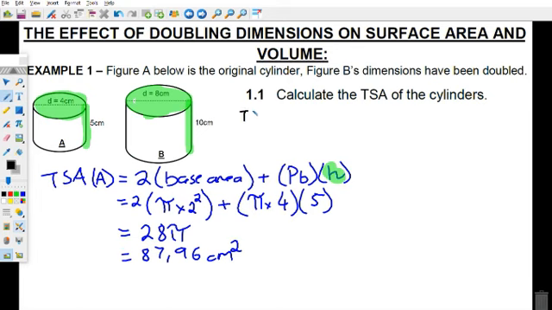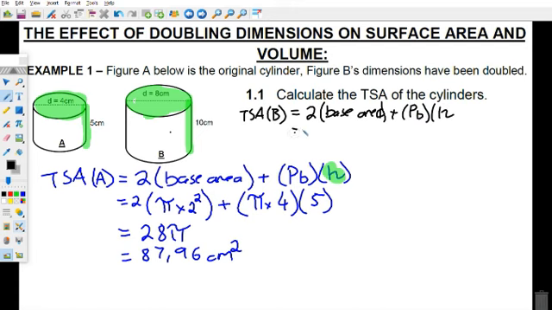So the TSA, total surface area of B, the bigger one now, is going to be equal to what? It's 2 times my base area, that green circle there, plus the perimeter of my base area multiplied by my height.